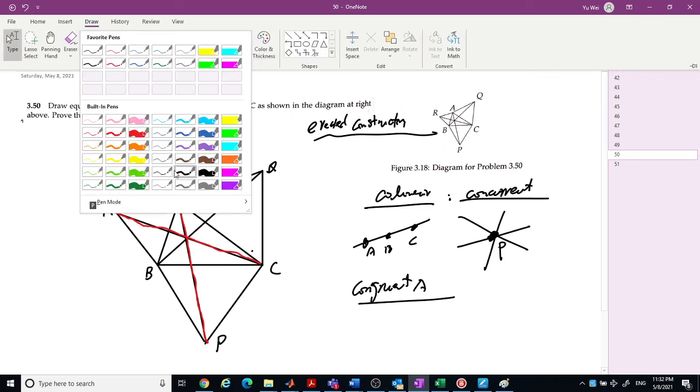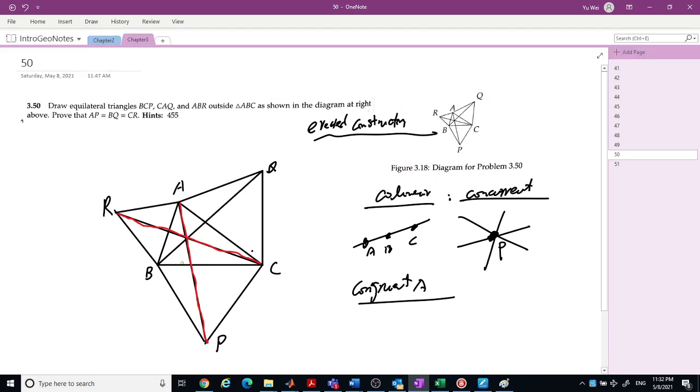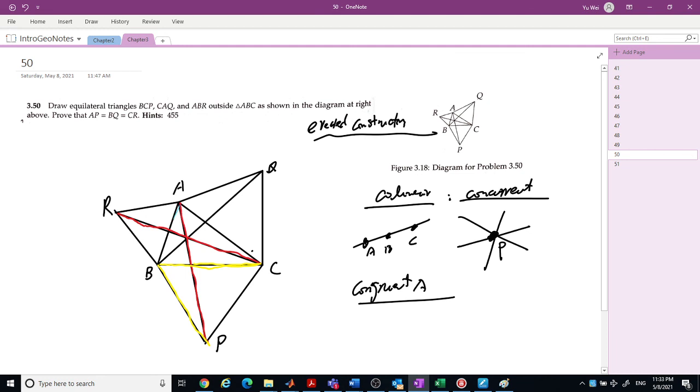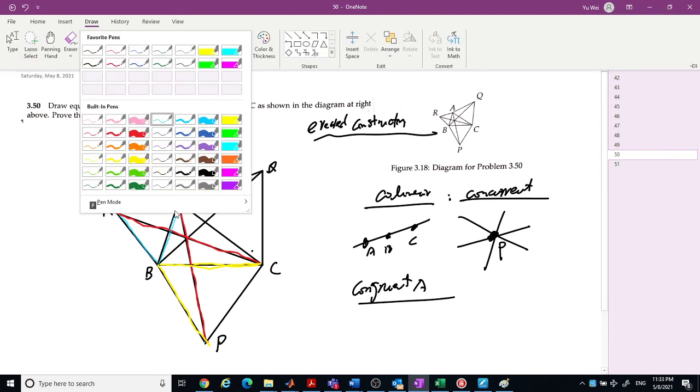Now let's change to another color. But you can see, you need to use another equal side. So you can see BP equals CP. This is the second side. This side is connected to the CR, this side is connected to the AP. And the third one is AB and BR. Did you see it?